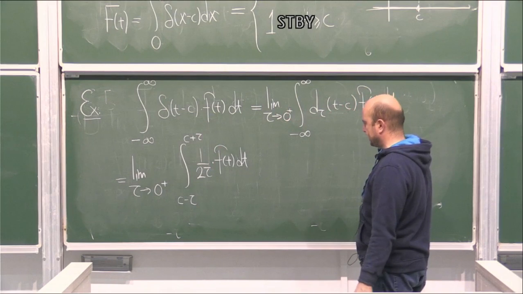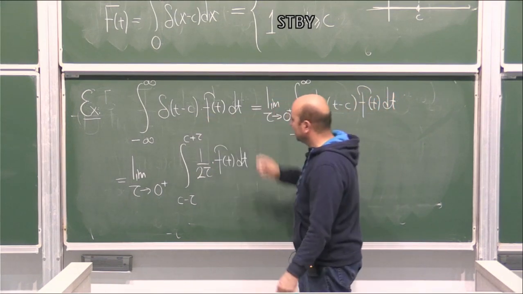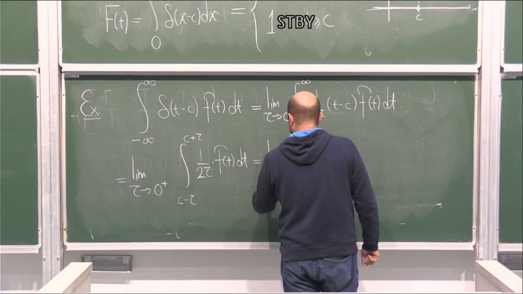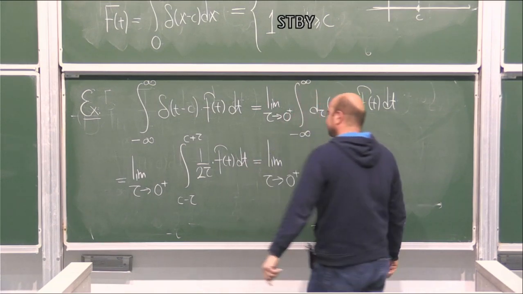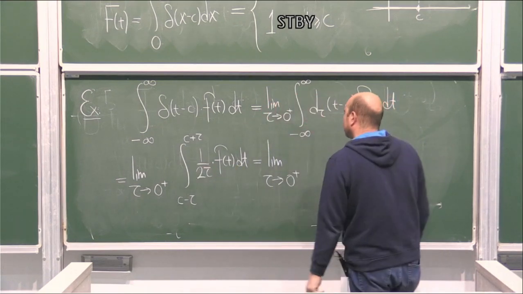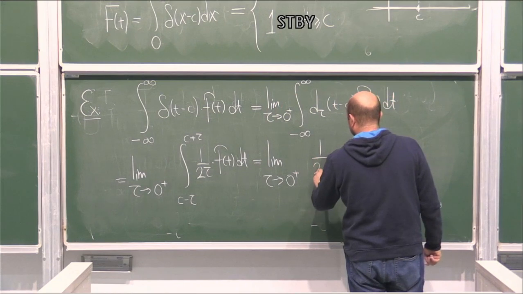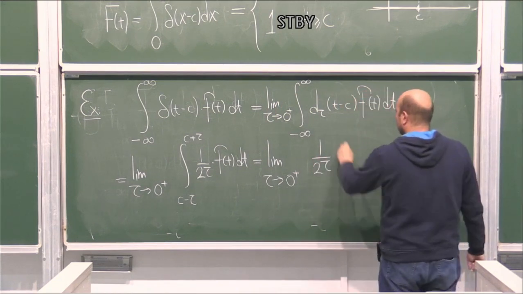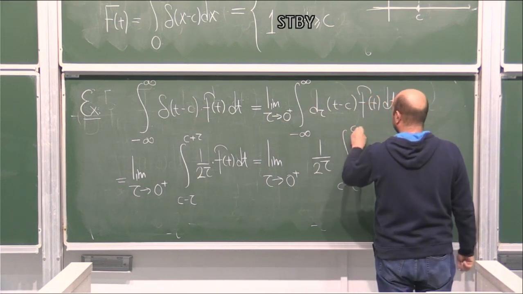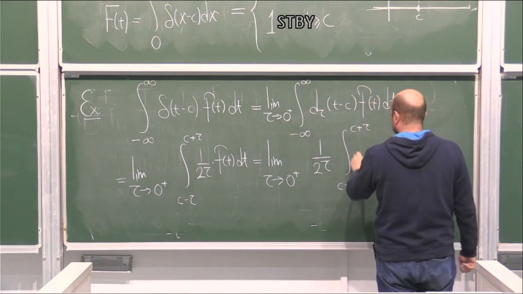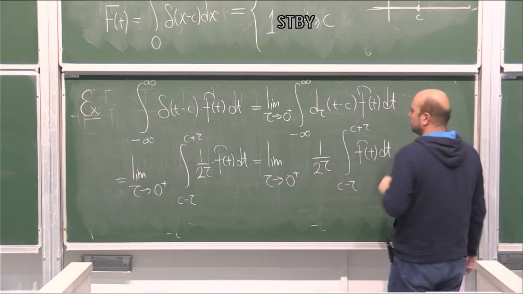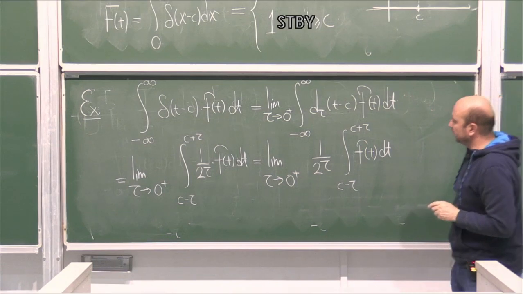So I just need to compute this one. Look at the limit as tau goes to 0 from the right. The 1 over 2 tau is constant with respect to the integral, so I can take it out: 1 over 2 tau times the integral from c minus tau to c plus tau of f of t dt. This is what we need to compute. Okay, we will come to this.